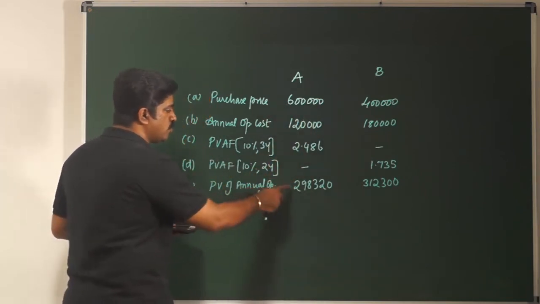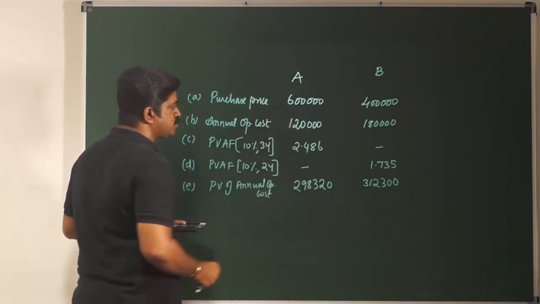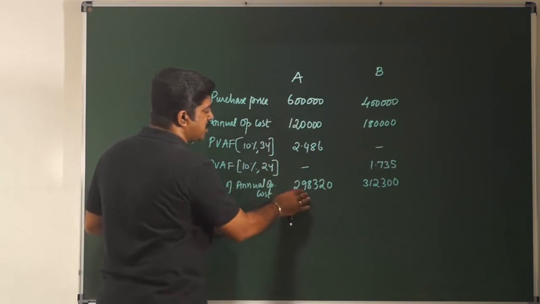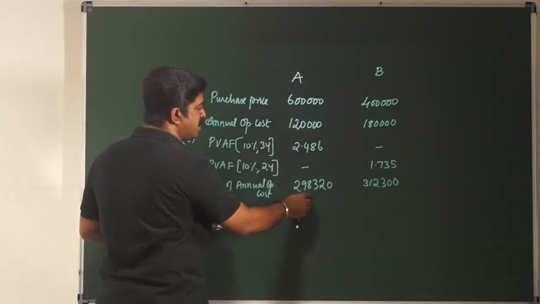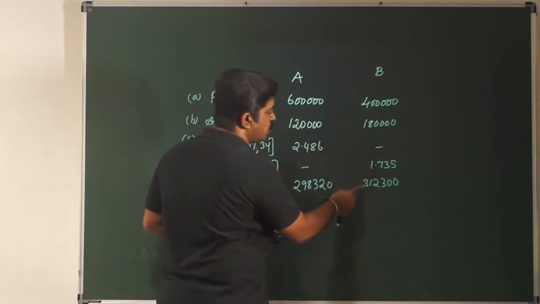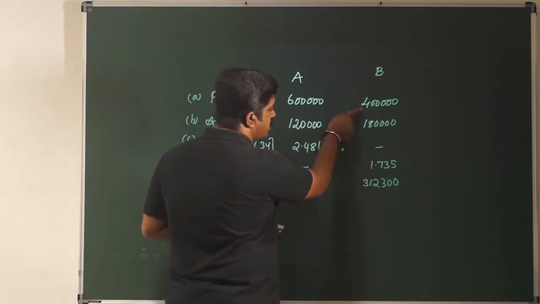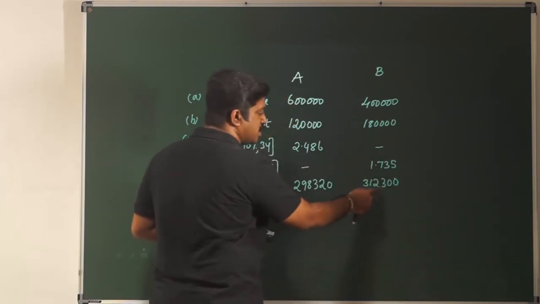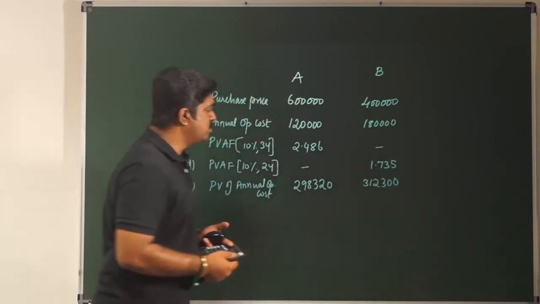So you would try to add these two. So if we do that, how much will we get? 898,320. And if you look at B, it's going to be 400,000 plus 312,300. It's like 712,300.